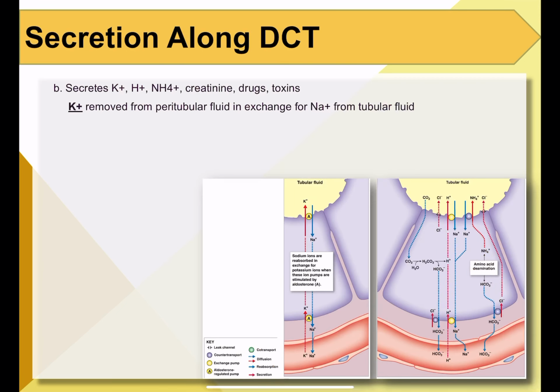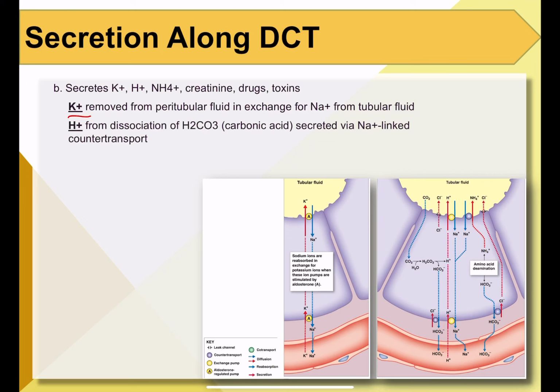All right, what's being secreted in the DCT? Just as we had secretion in the PCT, we have similar secretion of potassium ions, as we have already talked about, due to countertransport with sodium ions. Hydrogen ions can also be secreted if blood pH is too low or too acidic due to buildup of CO2.